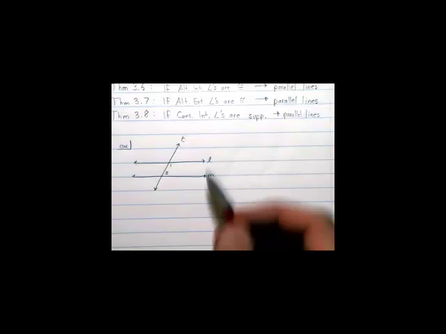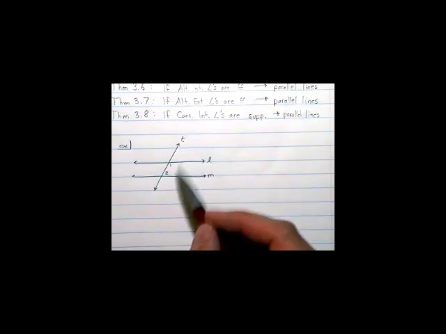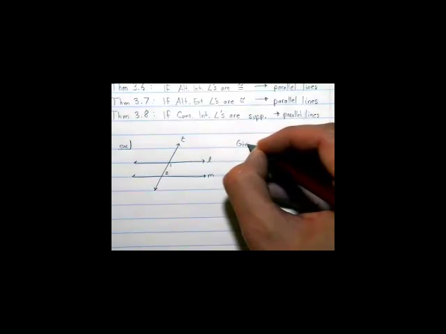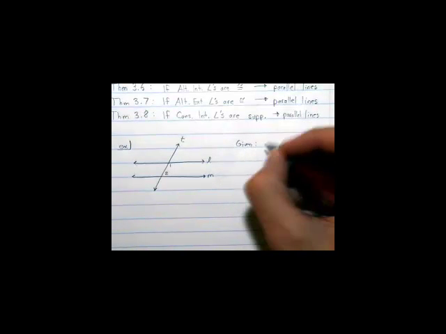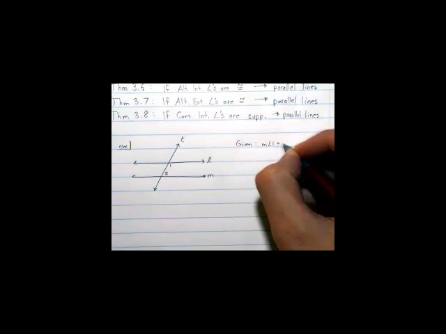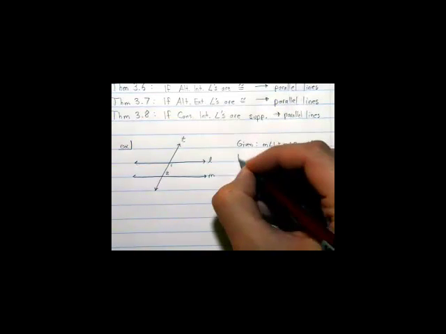We got lines L and M and line T, and then there's angles 1 and 2. So our given is that the measure of angle 1 plus the measure of angle 2 equals 180 degrees, and we want to prove that L is parallel to M.